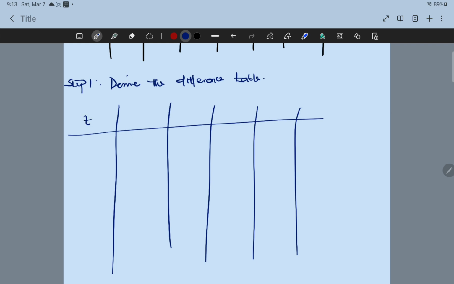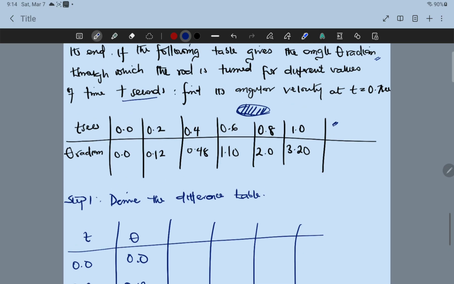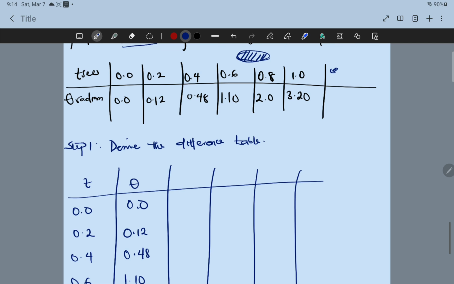So we have t: 0.0, 0.2, 0.4, 0.6, 0.8, 1.0. We have theta: 0.0, 0.12, 0.48, 1.10, 2.0, and 3.20. So I'm just simply replacing what is in the table, putting them back into this.